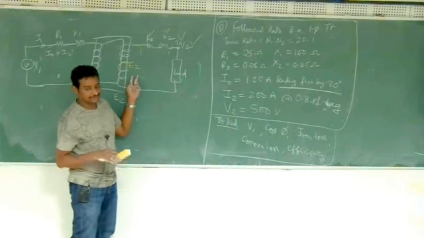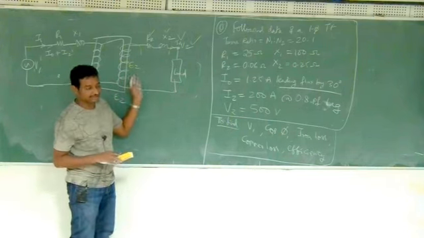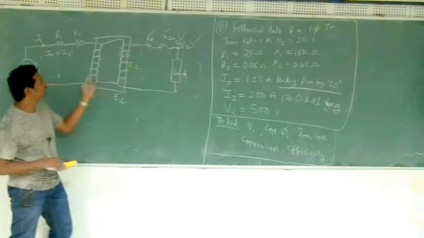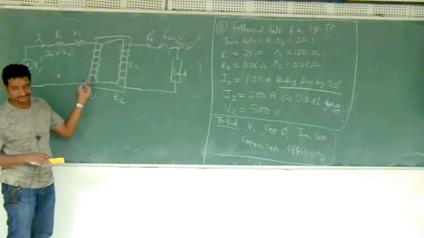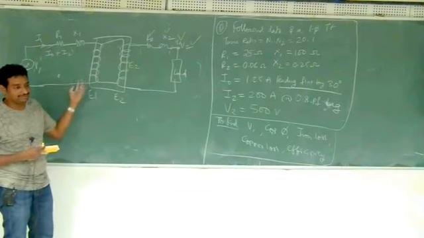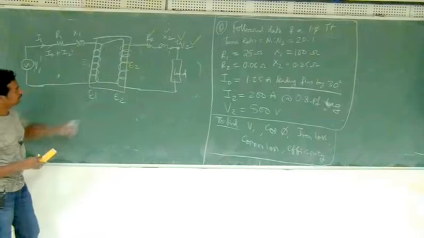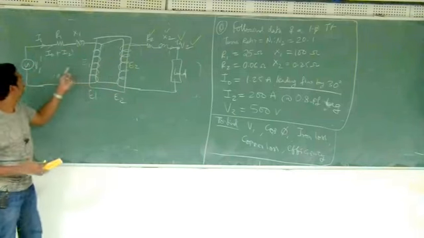After calculating that, assume E2 is your reference. Then E1 will be exactly opposite to E2, so practically E1 will be your reference. So you calculate E2, then you know E1. Then what is I2 dash?